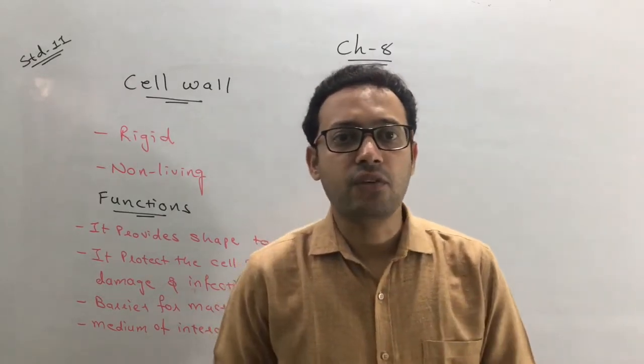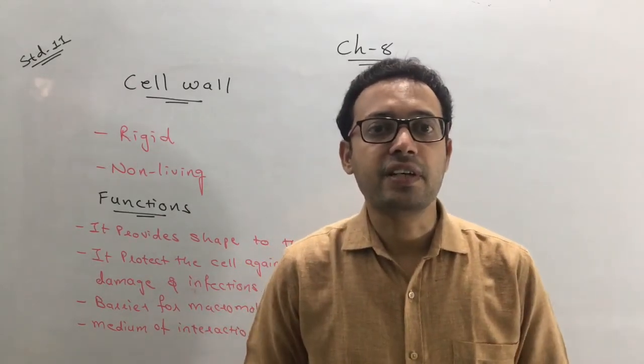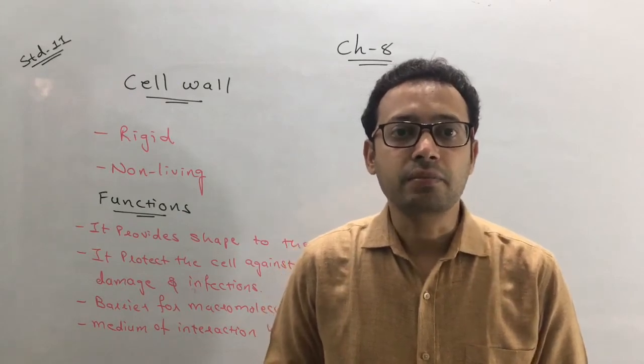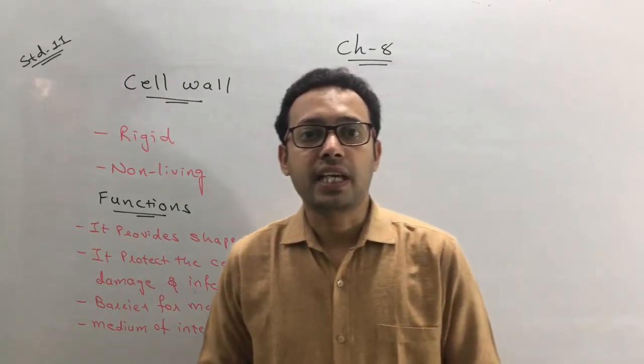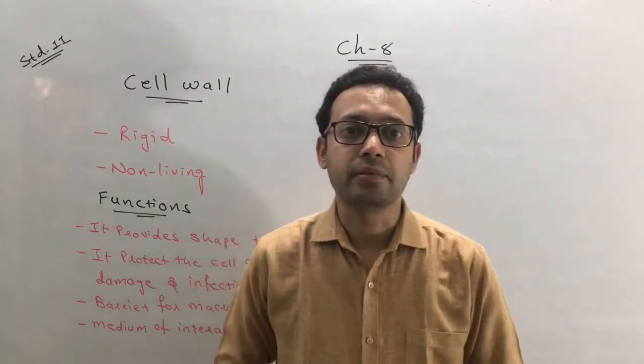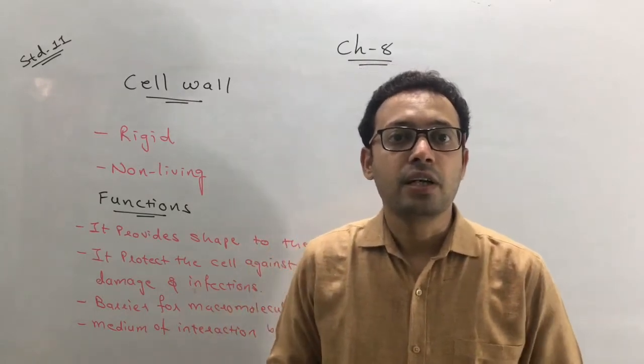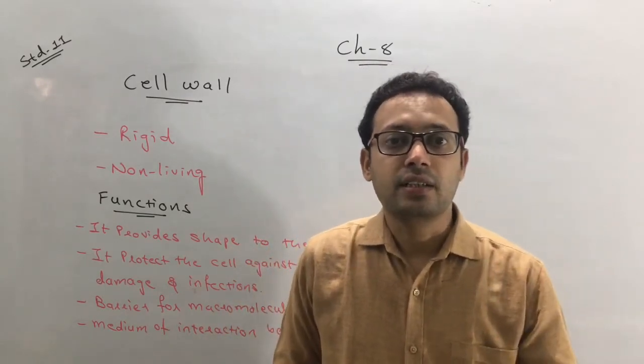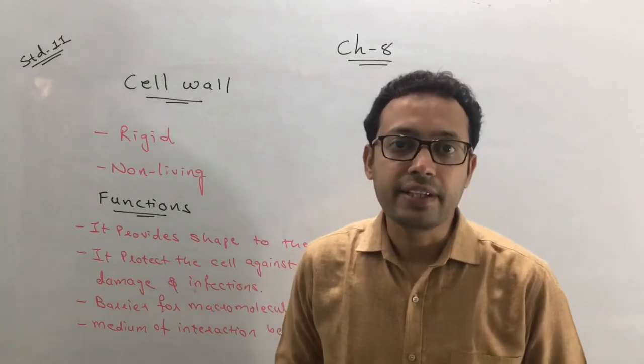Now, if you see the cell wall present in different types of living organisms, the composition of the cell wall is not the same. The composition of the cell wall may vary from one living organism to another.